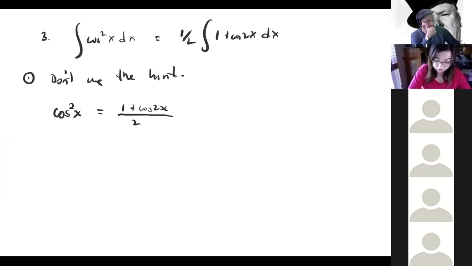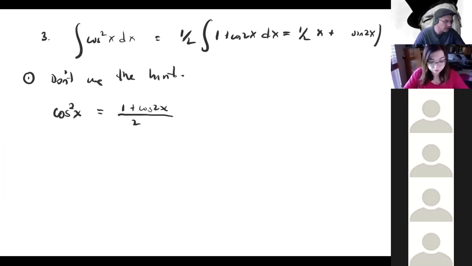Okay, and this breaks up into two separate integrals. One of them, which is 1 times dx, whose antiderivative is x. I'll just do this integration all at once. Okay, so it's 1/2. The antiderivative of 1 is x. And then the antiderivative of cosine of 2x, what could that be? Well, your initial guess might be sine of 2x. But that would not be quite correct because the derivative of sine of 2x is twice cosine 2x.